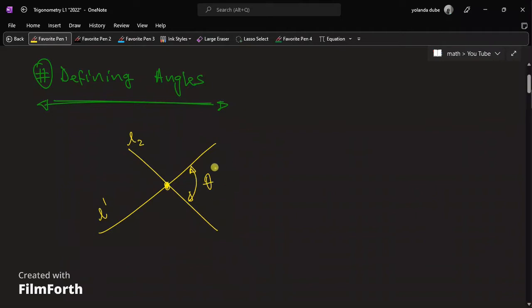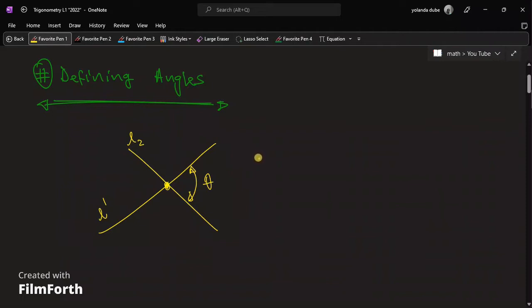So this inclination between two lines, there is a device that we use to measure the inclination between any two lines. This device is called the protractor, and it's one of the devices that can be found in any standard mathematical set.